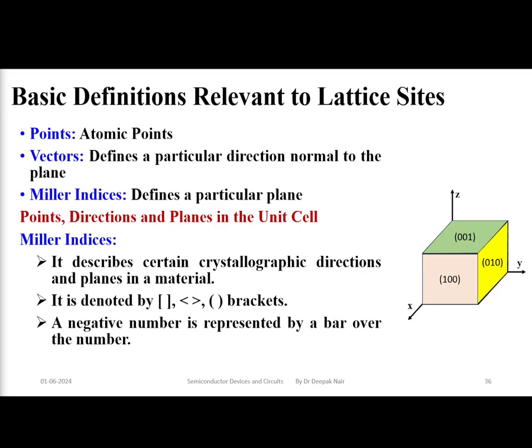Similarly, this plane is touching only the z-axis. Therefore, it is given by 0, 0, 1, because it is not touching the x-axis or the y-axis. It is touching only the z-axis. In this way, using Miller indices, we can represent different planes of a lattice.